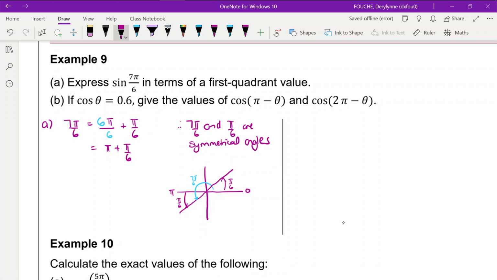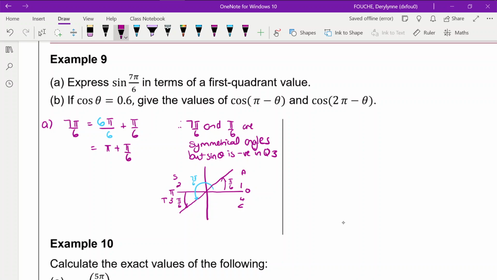So I can say 7 pi on 6 is symmetrical to pi on 6. And that happens to be in quadrant 3. Now I need to know sine of theta, is it positive or negative in quadrant 3? Well, I know CAST, so sine of theta is negative in quadrant 3. So they're symmetrical angles, but sine theta is negative in quadrant 3.